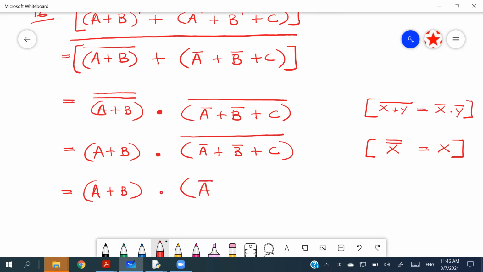So this will become a double bar. The upper bar came from this big bar being decomposed into the three terms. So the pluses will become a dot. And b double bar will be there. Dot. C bar will be there.